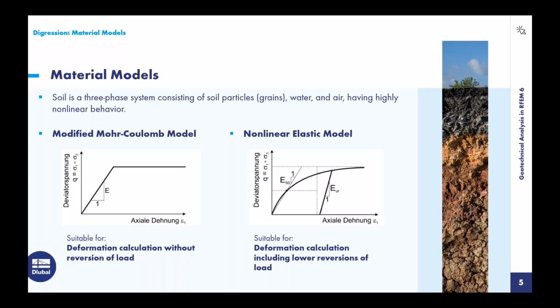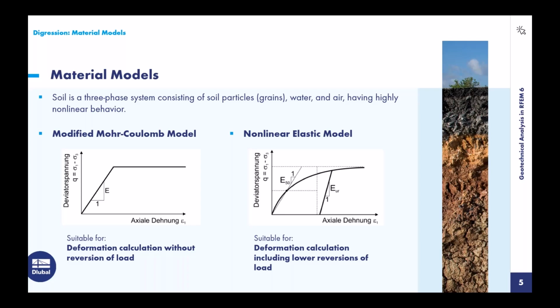For being able to model soil well enough, it is important that you have material models that are able to represent the most important soil behaviors, let's say. Therefore, we have in RFEM two models. We have the modified Mohr-Coulomb model and the nonlinear elastic model. We have three further models under development, but this will be told in the prospects in more detail.